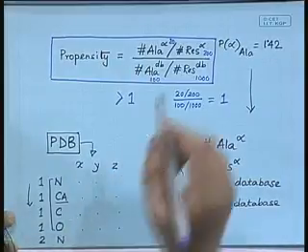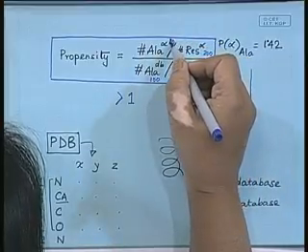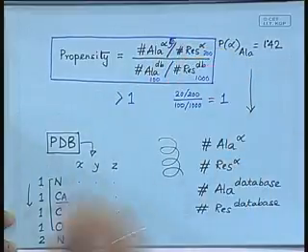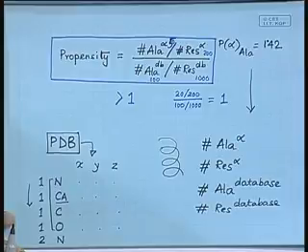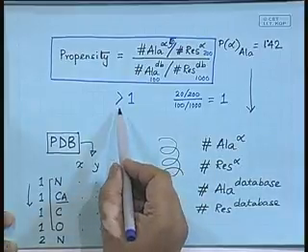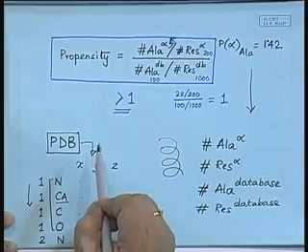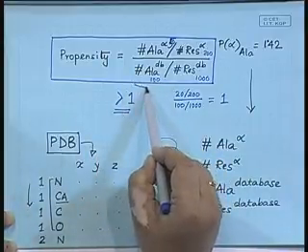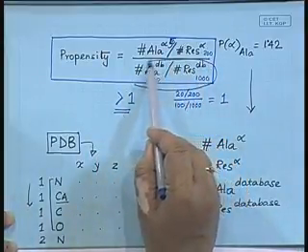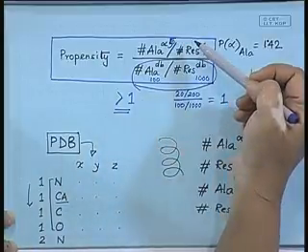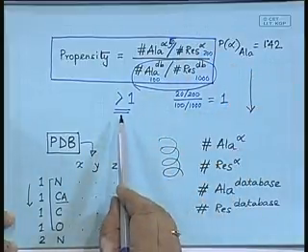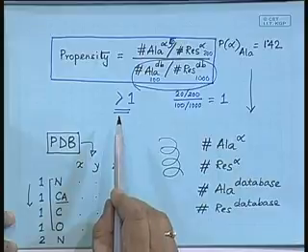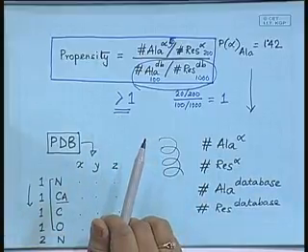But if I had 50 of these that were alanine, my value then would be greater than 1. Then in the normal case of a protein that I see here, I see more of alanine in helices, which makes it significant.